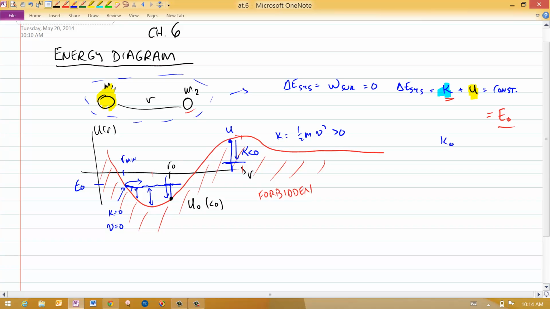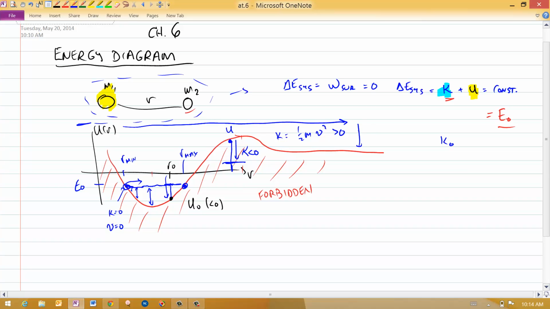So this initial energy here has got a maximum spot it can be and a minimum. That's a bound orbit. The object is going to go back and forth between some r max and r min for all time. If I pick a very large energy, now the particle can go out to infinity.